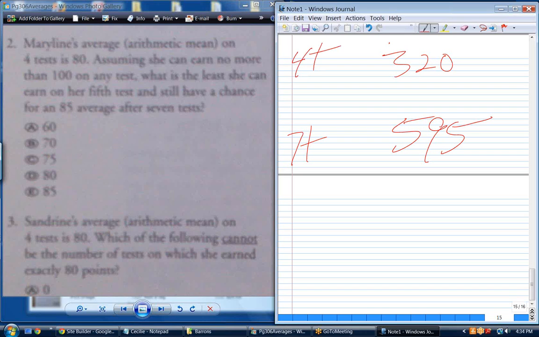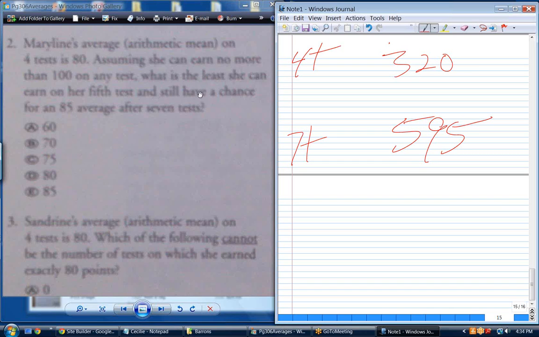Well, the least she can get on the 5th test would require her to get what on the 6th and 7th tests? Well, she's missing 275 points. But when we're trying to solve for something that's the least, we want to take her other 2 tests and make them the most.